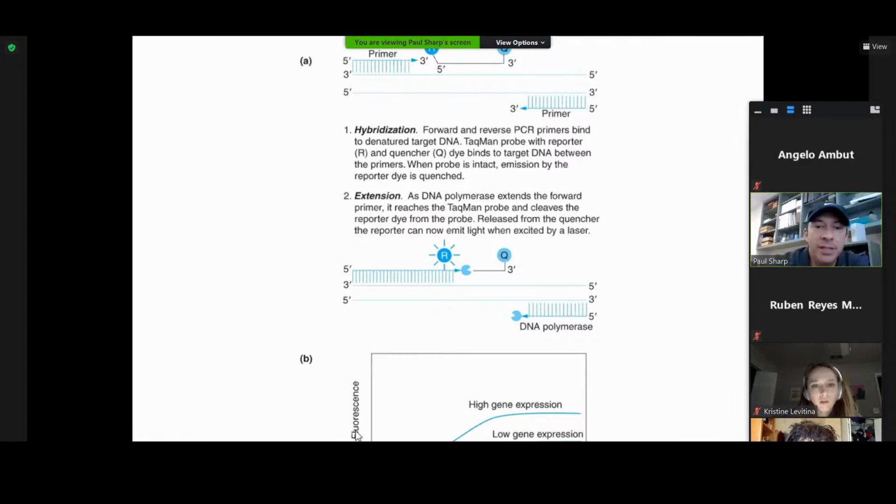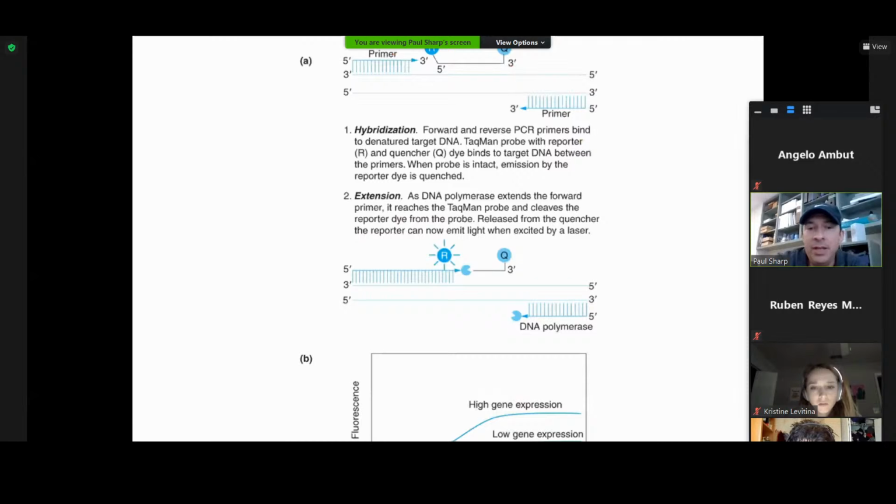Okay, so this is what the output would look like. On the x-axis, you have your number of cycles, number of PCR cycles. So this is 0 cycles, this is at 4 cycles, 8, 12, 16.